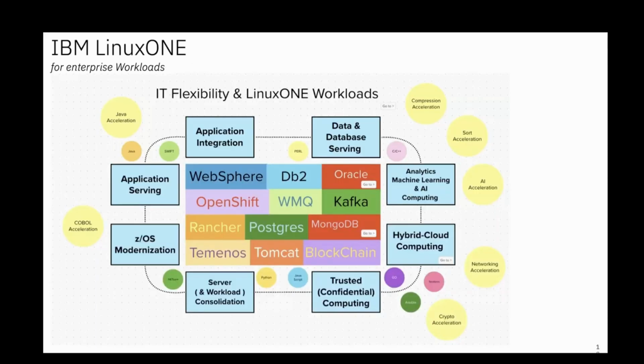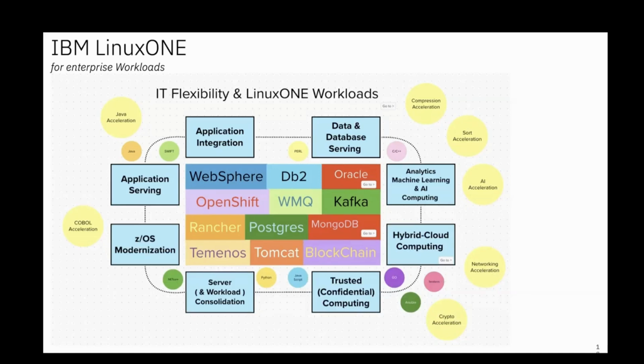So why LinuxONE? Because it supports major middleware that forms the basis or the core of all the applications that are running in the industry today. You talk about WebSphere, DB2, Kafka, Postgres, everything that's listed here, and this is not an exhaustive list by any means.